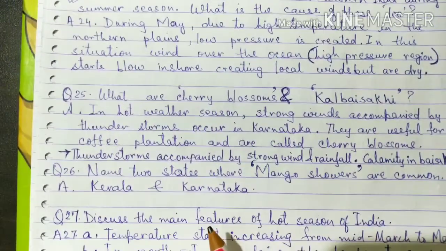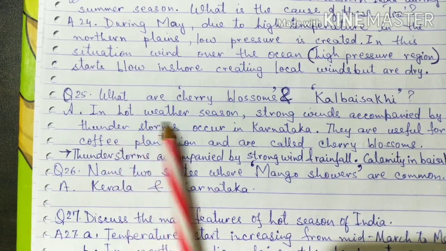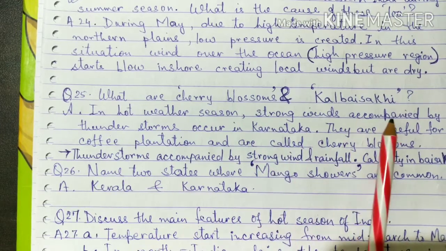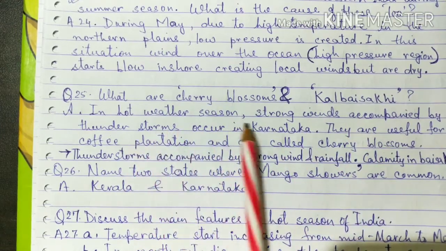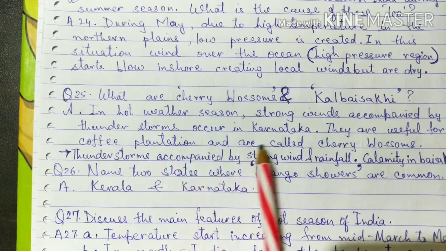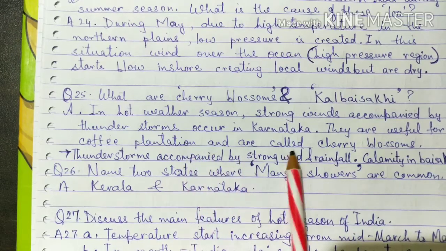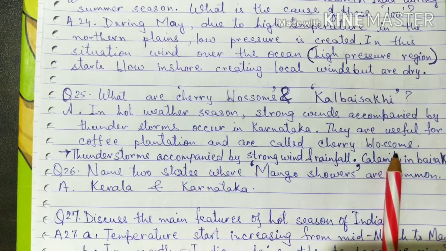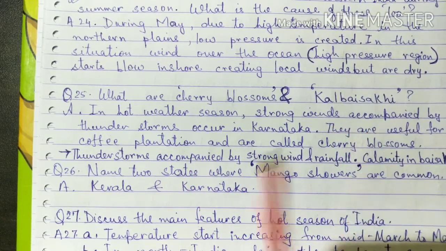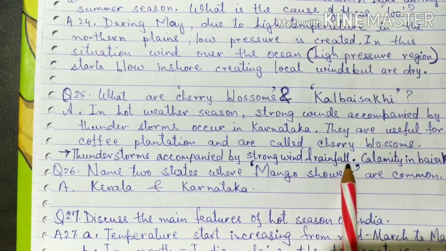Just now I had explained about cherry blossom and Kal Baishakhi. What are cherry blossoms and Kal Baishakhi? In the hot weather season, strong winds accompanied by thunderstorms occur in Karnataka. They are useful for coffee plantations and are called cherry blossom. Regarding Kal Baishakhi, they are thunderstorms accompanied by strong winds and rainfall.